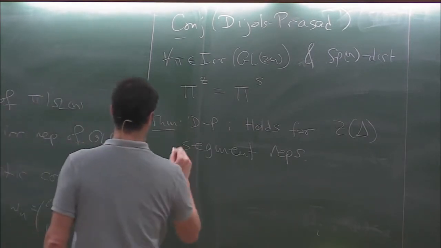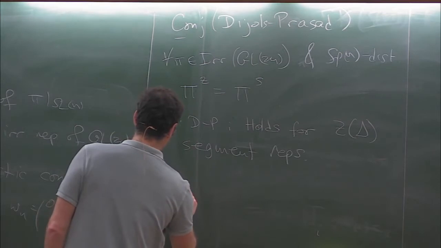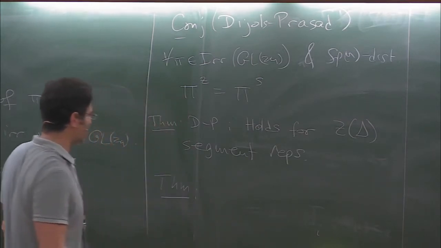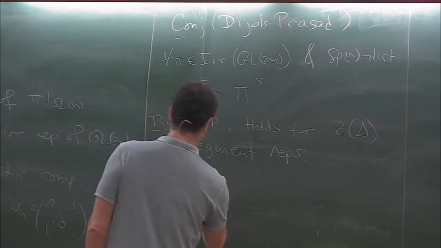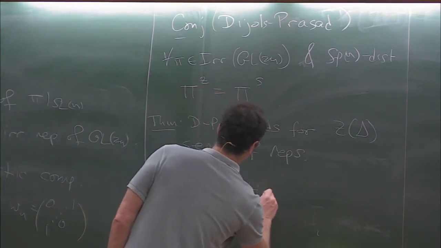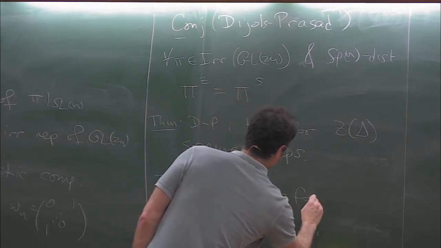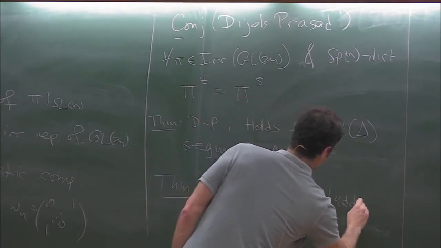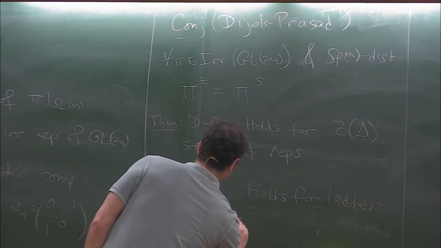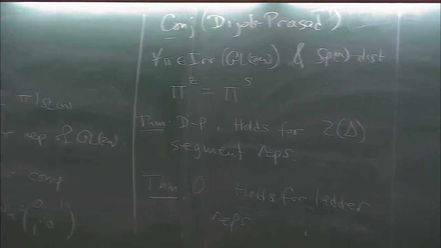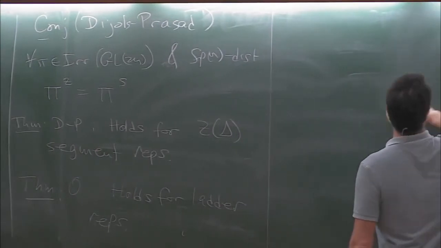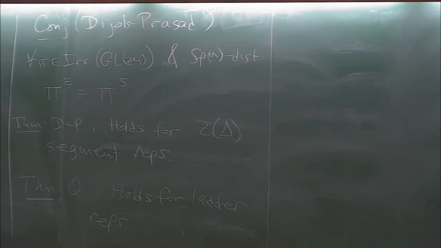And I generalized it to a class of representations that was introduced a few years ago by Lapid and Minguez. So this holds for ladder representations. And in particular, this class contains what are called the generalized Speh representations.